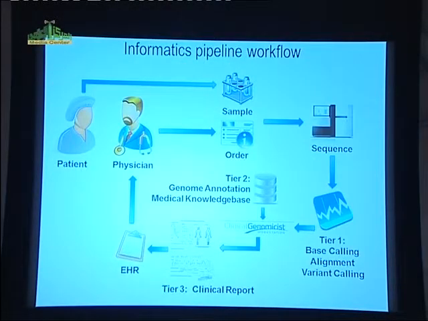In addition to the actual test workflow, I hinted at medical informatics, and I think this is a very important part of the picture, that not only does one need to build information about the genetic variation that is present within a sample, but that needs to be associated with the clinical information.